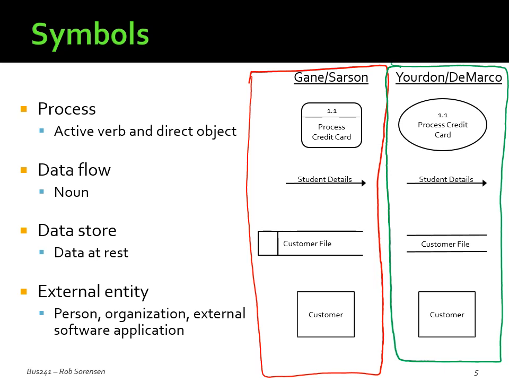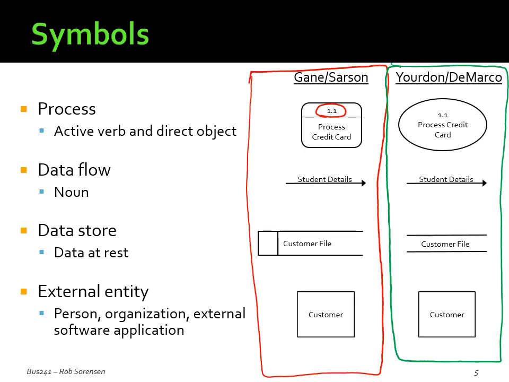Well, what are the symbols? We've got 4 of them in there. We've got a symbol for business processes, right? Things that happen. And in the first set here, the Gane-Sarson ones, it's a rounded rectangle. You'll notice here on the top, we've got the process number. We're going to number them so that we don't mix them up.